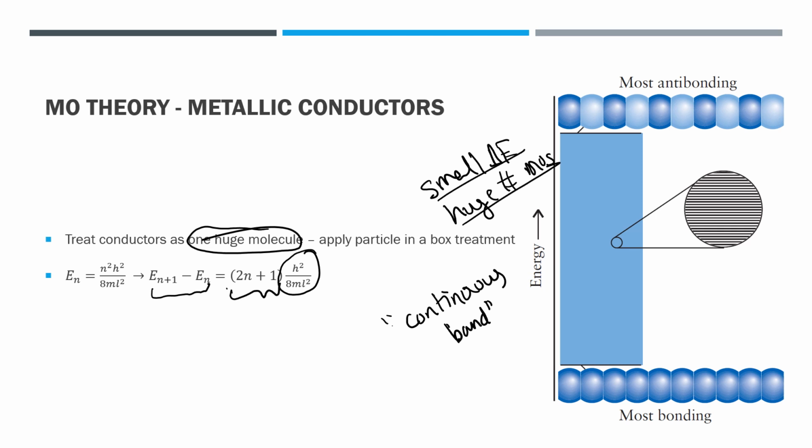On the right here, you can see an image with energy on the y-axis, and we have pictorial representations of the most bonding orbitals and the most antibonding orbitals. This image is showing s orbitals. We can see that they're s orbitals because they're spherically symmetric.